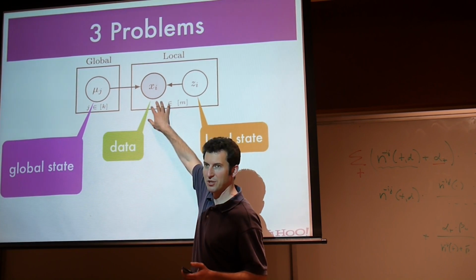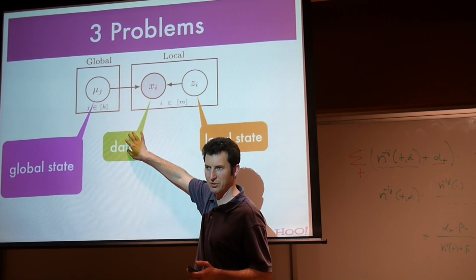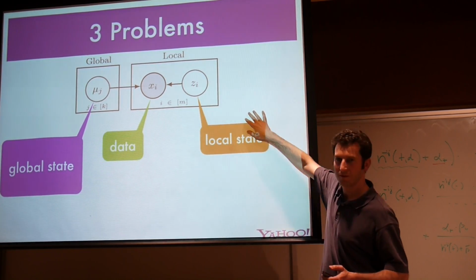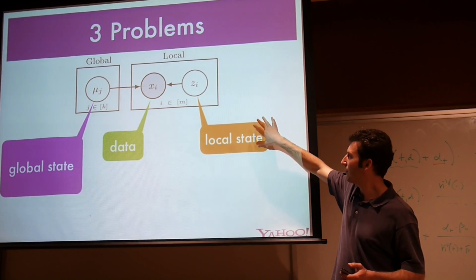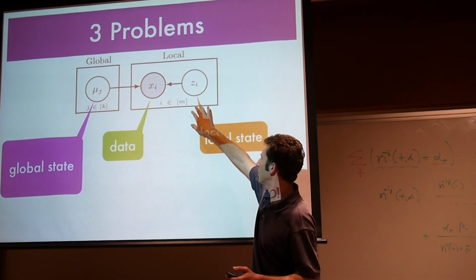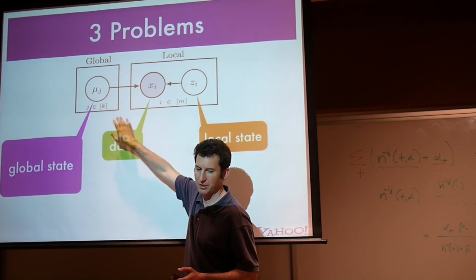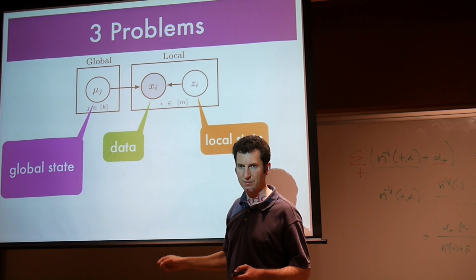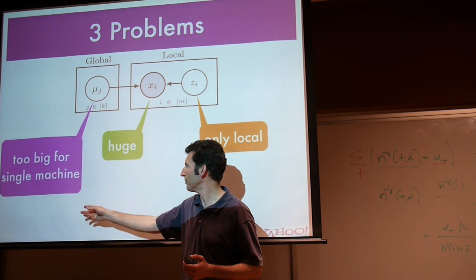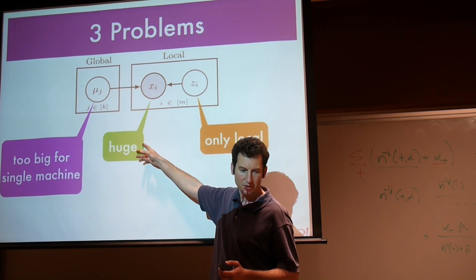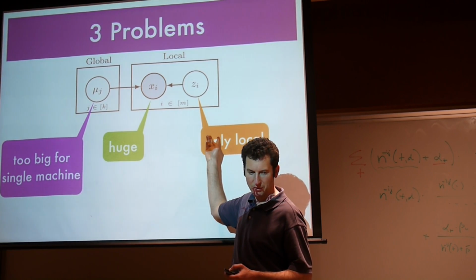I have some data which I have plenty of, which usually doesn't fit into my memory. Then I have some local state. And that local state is possibly also quite a lot, but I don't really need to know it on the other machines. So that's what we have. It's way too big for a single machine. This is monstrous, and that you only care about locally.